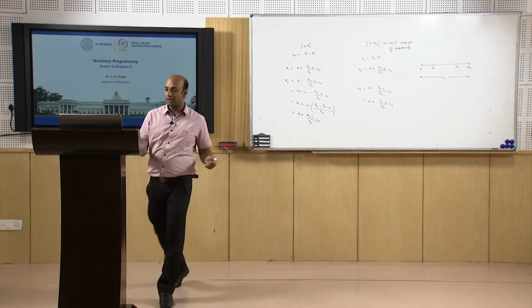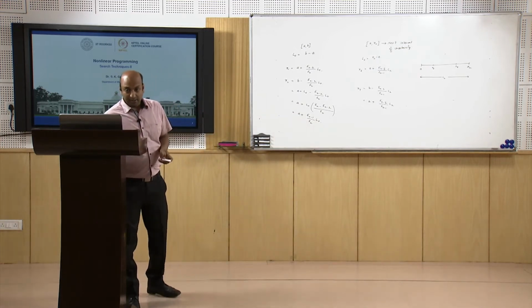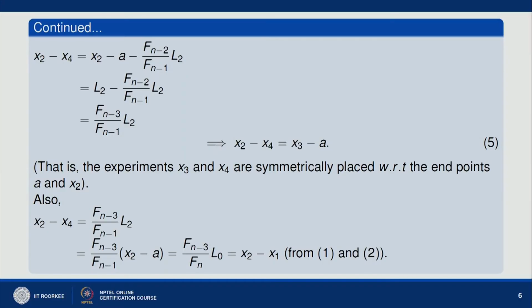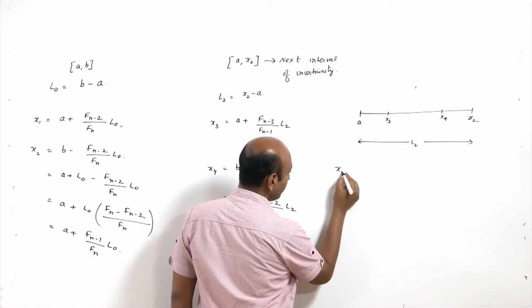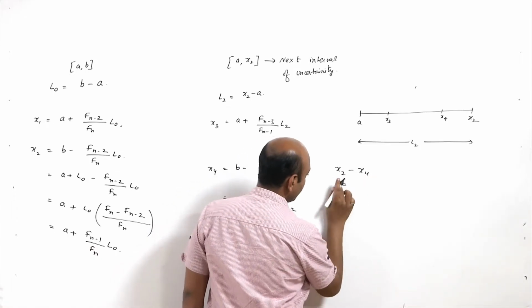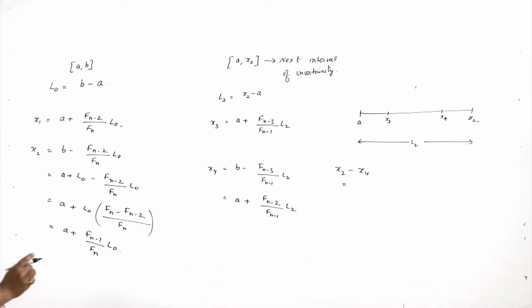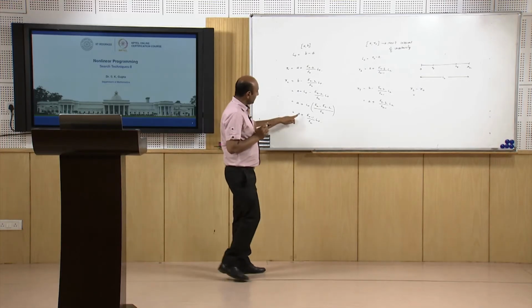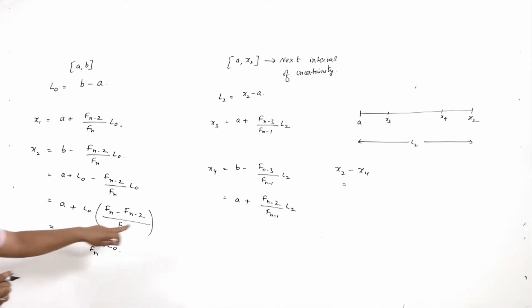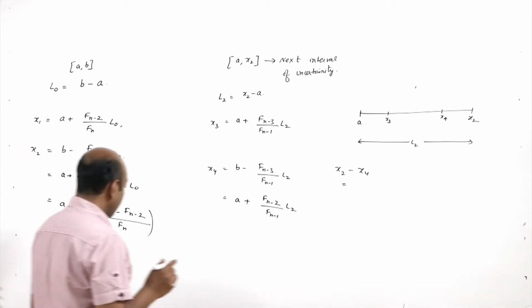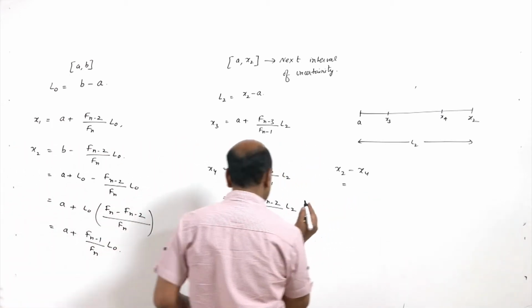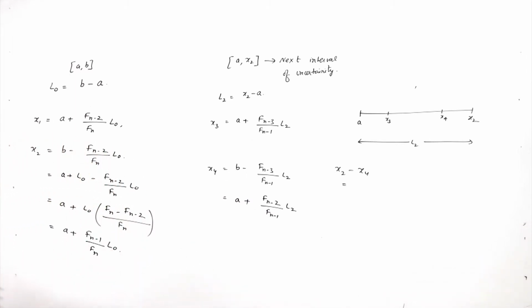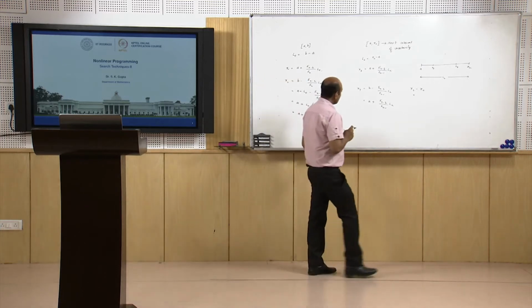Now the next thing to see here is x2 minus x4. So let us find x2 minus x4. What is x2? Now x2 is this quantity and x4 is this quantity. So when you subtract these two, what do we obtain? First we will try to make the same interval.